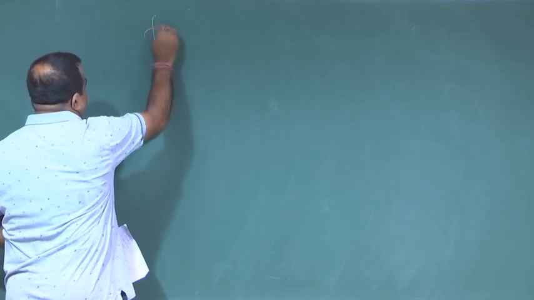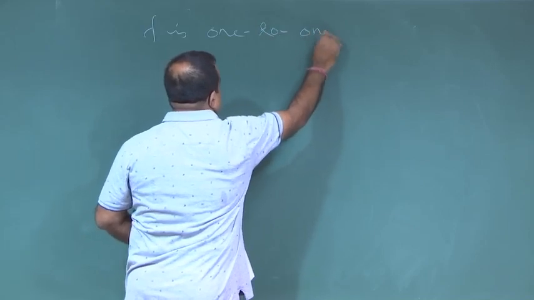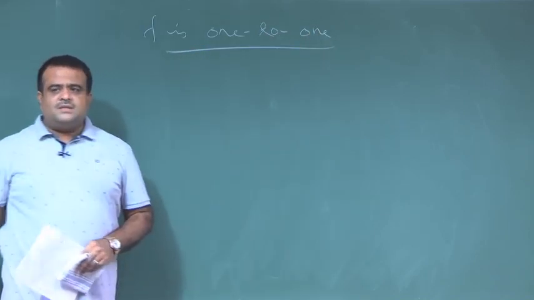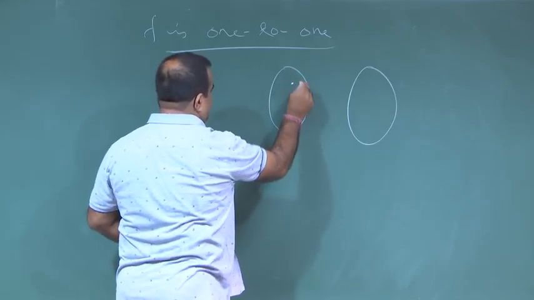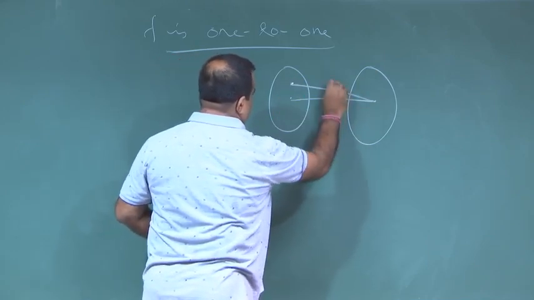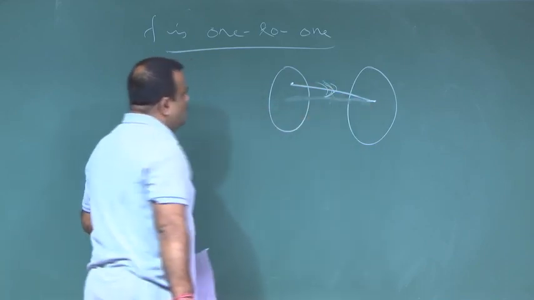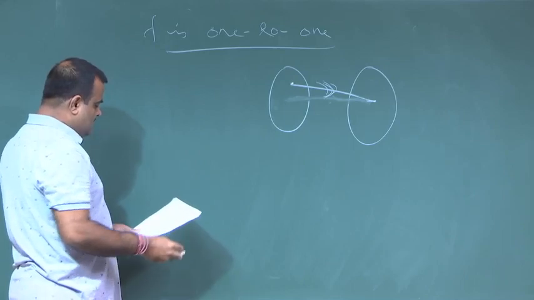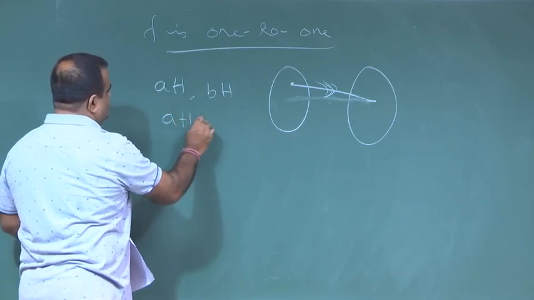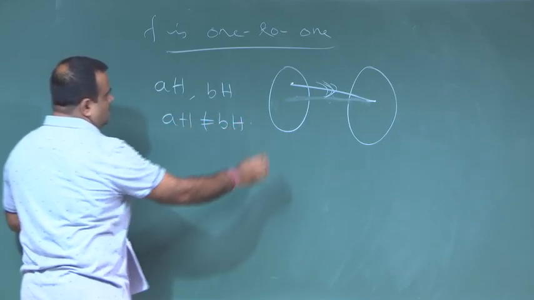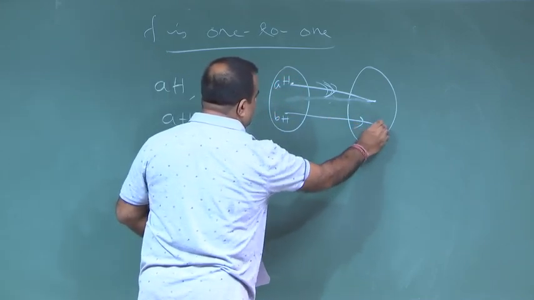Bijective means first we have to show F is 1 to 1, injective. 1 to 1 means, if you take two elements, say H and B H, and they are not the same, then they must map to two different images.